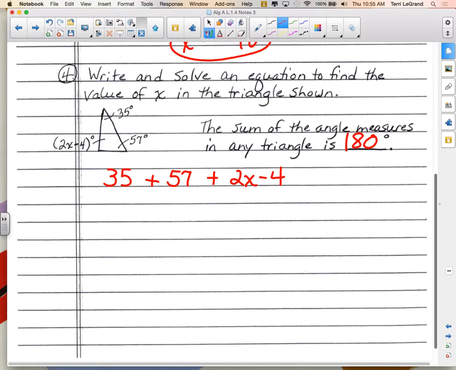Because that whole thing is measured in degrees. If they just put the degrees there without the parentheses, it would look like only the 4 is degrees, not the other part. So we can ditch those parentheses because we're doing addition. And then, what are we going to set it equal to? Angle plus angle plus angle equals 180. There's our setup.